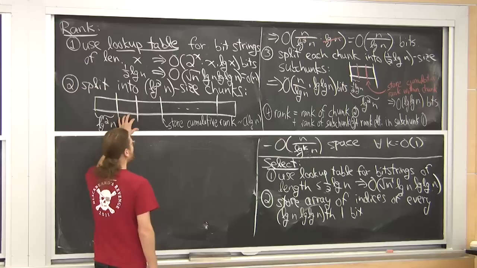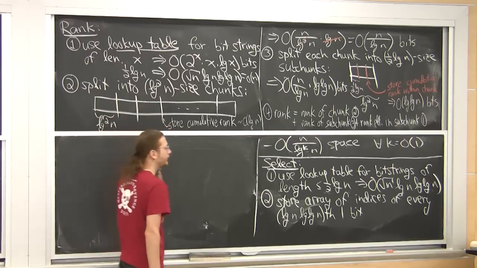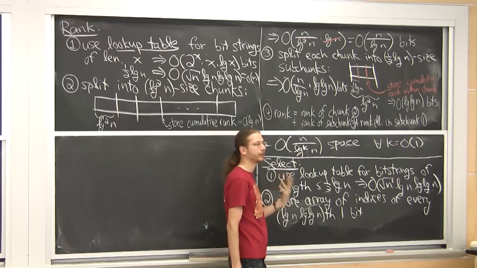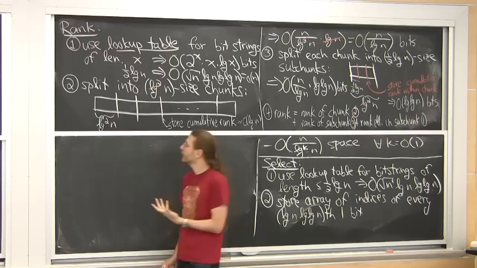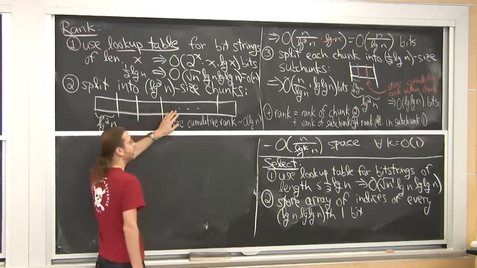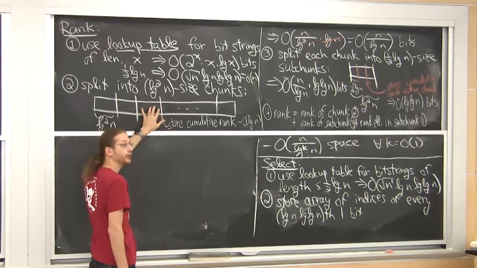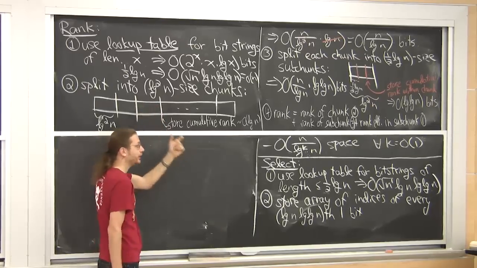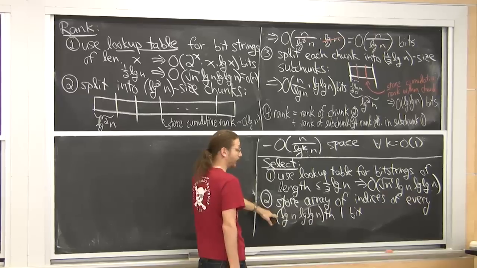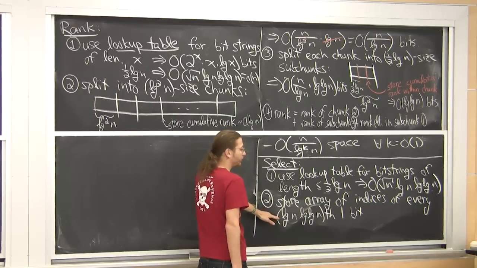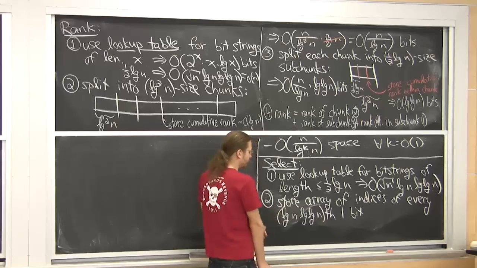Now we can't just say, take the bit string, divide it into chunks of equal size, because given a query, we want to do select of j. We need to know which of these chunks j belongs to. So instead of making them equal size, we're going to make them have an equal number of 1 bits. So then we can just take j, divide by the size of these chunks, which is log n log log n. You could probably do log squared as well, but log n log log n is a slightly better choice.